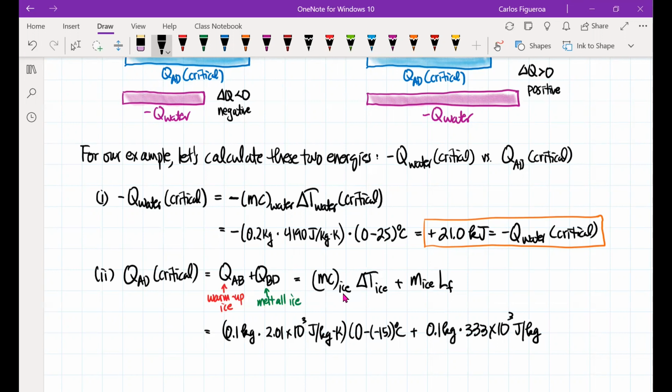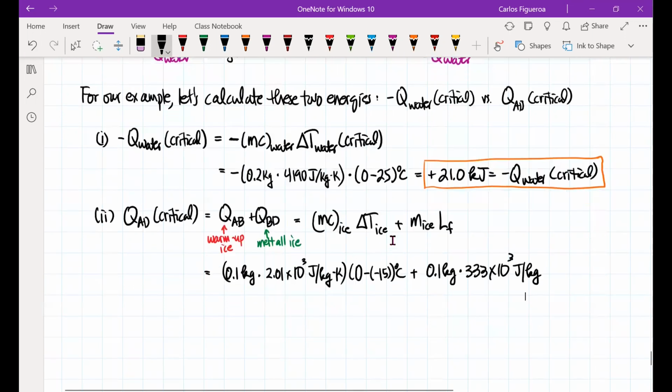If I compute that, this number turns out to be 3.33 kilojoules, plus the second number, which is 33.3 kilojoules.